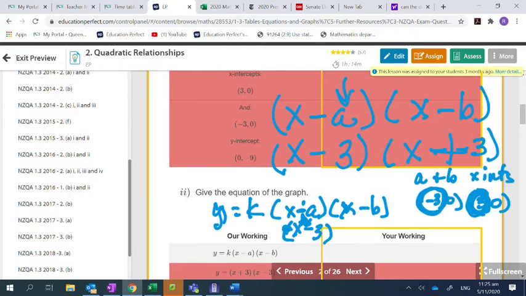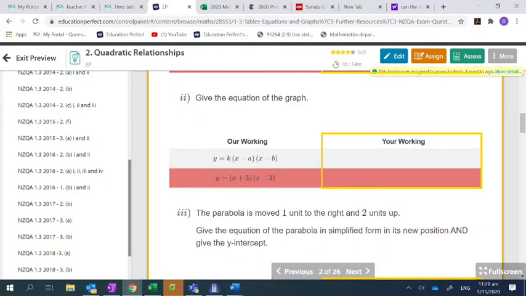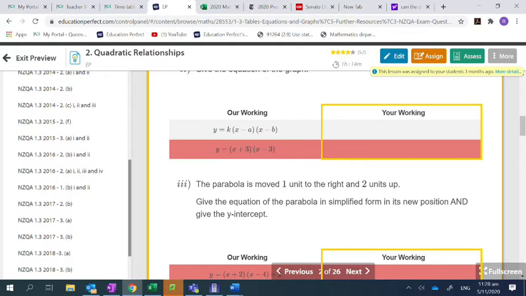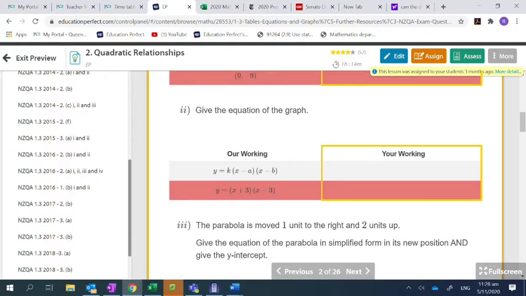Negative times another negative becomes a positive. So we have y equals that. That's it. It's quite straightforward. So there's your equation.